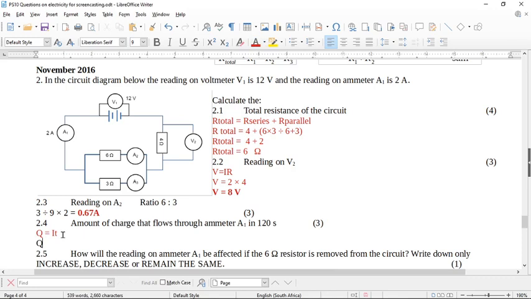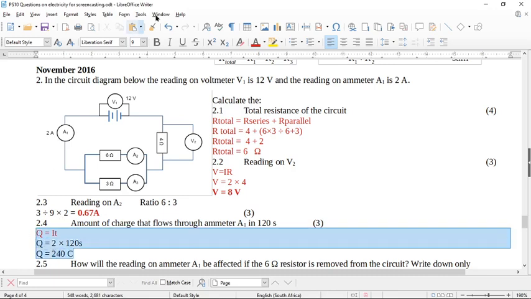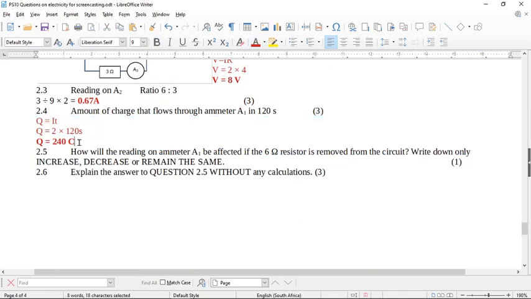Q is my charge, equal to the current, 2 amps, times the time. Handily, it's in seconds. Remember, you have to put everything in SI units. So this is going to be 240. No unit, no mark. Charge is measured in coulombs, so 240 coulombs of charge passed through there in 120 seconds.